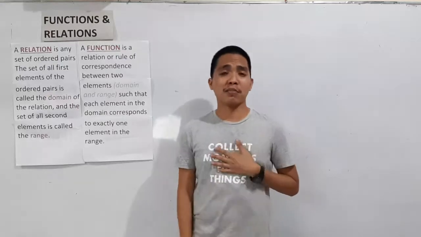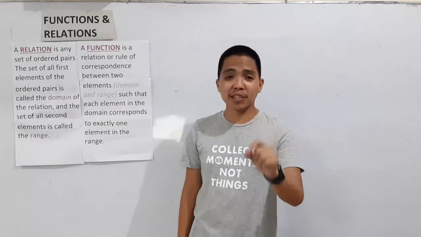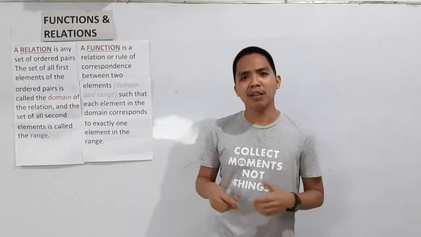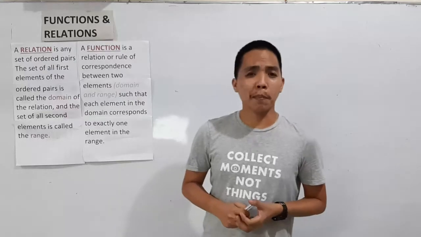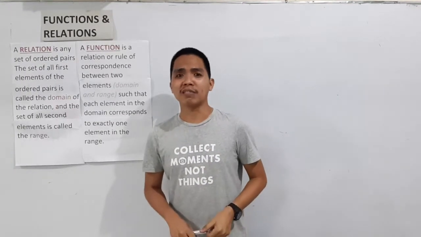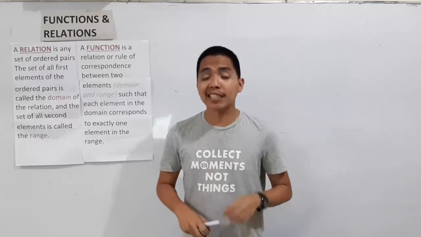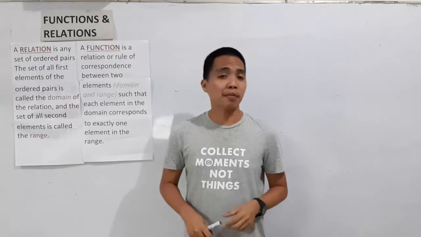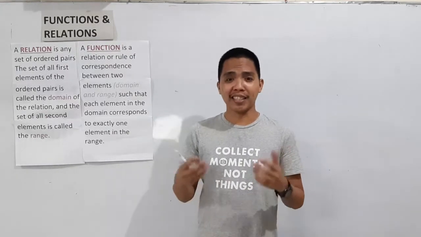In all aspects of our daily lives, we see how much one quantity affects another. For example, a parent would like to know what is the best parenting style that would suit his or her child. A student would like to know the best study habit in this time of pandemic in order for him or her to have excellent grades.